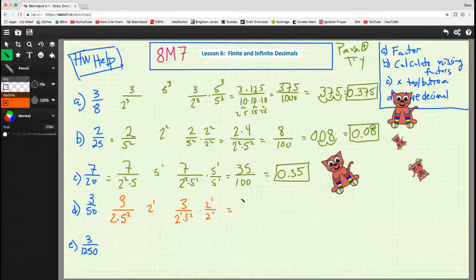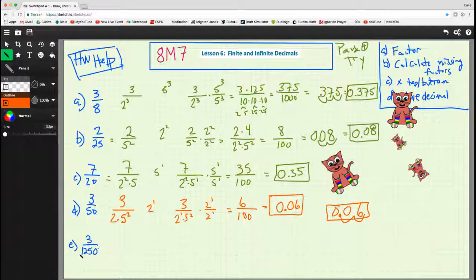So that's equal to 6 over 100. So that's equal to 0.06. Remember, you have to move that decimal twice because it's 100. So if you have a 6 here, you have to go once, and you have to go one more time. So we have to put our 0 here and go one more time. Boom.